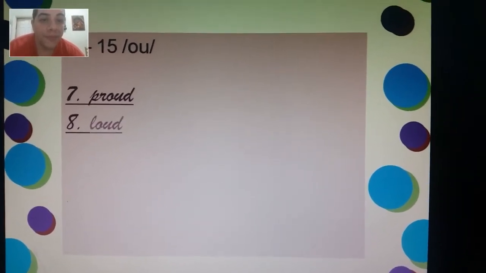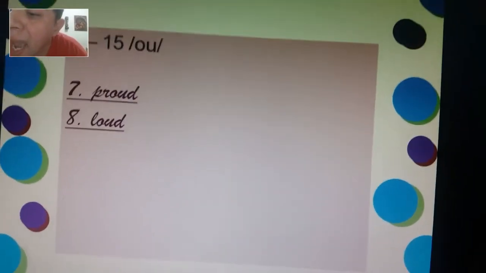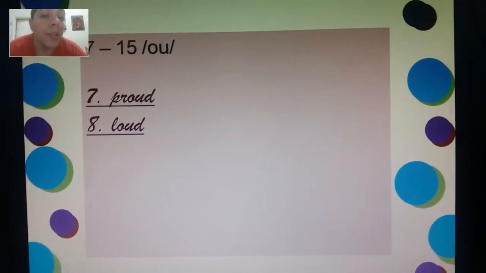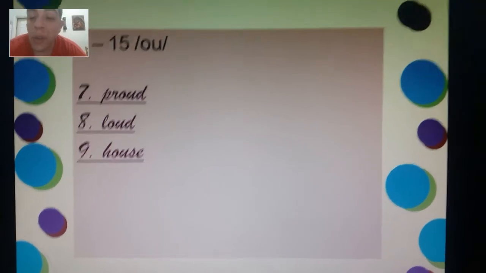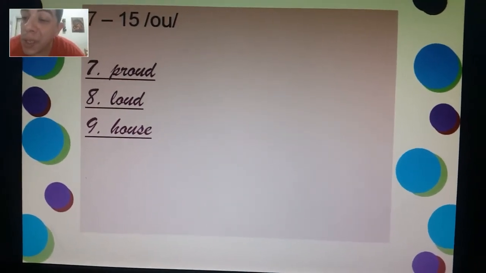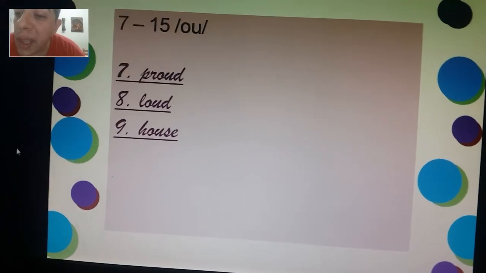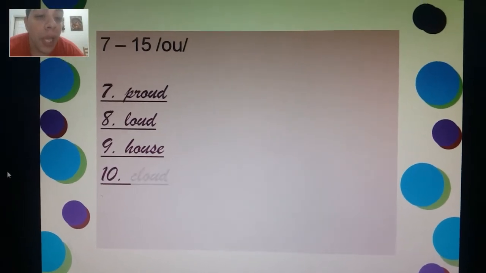Number 8. Loud. The music was too loud for my ears. Loud, fuerte, duro, ruidoso. Number 9. House. That's too easy. The Carters live in a large house. Number 10.